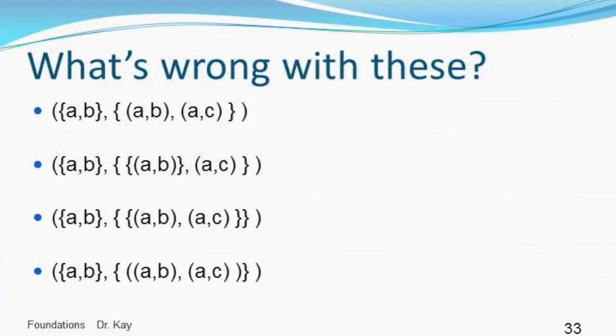So tell me what's wrong with these. Why are these ones not graphs or directed graphs? Let's just take a look at them. Actually, if you look at all of them, the biggest problem is that our vertices are just A and B, but all of them mention C inside of the braces somewhere where we're trying to list the edges, and there is no vertex C, so that knocks them all out of contention anyway.